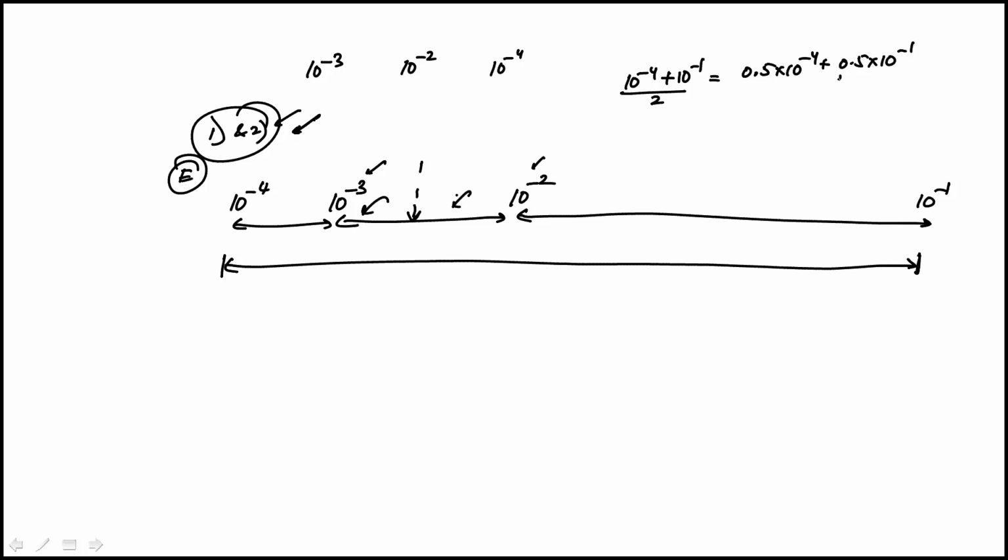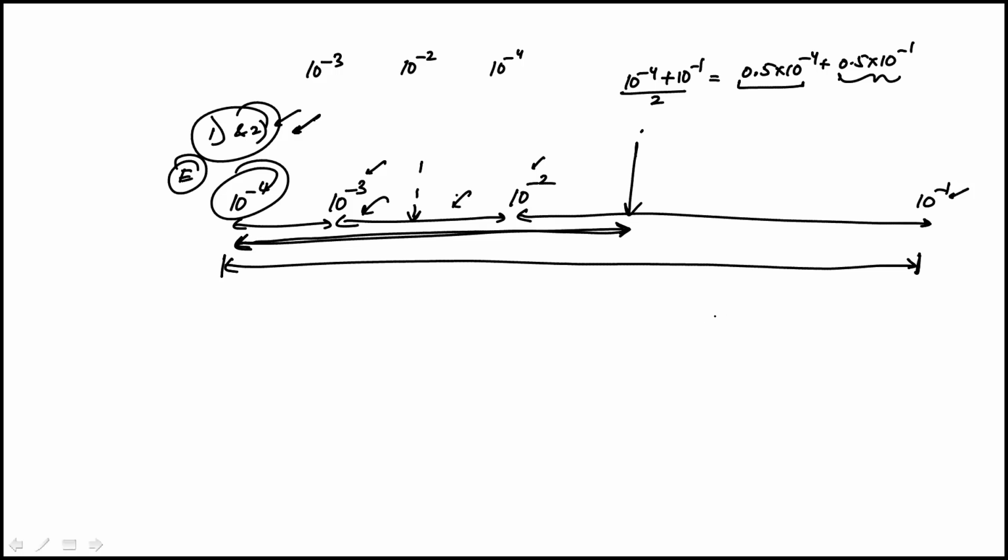So it's going to be very close to 0.5 times 10 to the minus 1. This will add just a little bit because this number is so small compared to that. So the halfway point is going to be somewhere, let's say, here. What we know is that it is closer to 10 to the minus 4, which means it's in this region. That's what statement 1 is telling you.